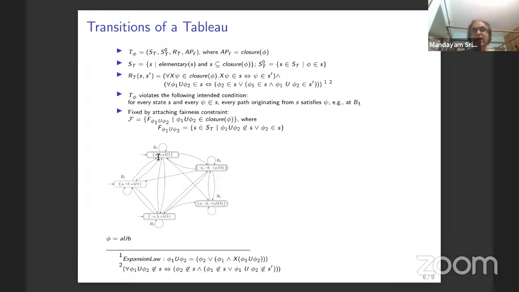Okay, and that's how this thing is defined. And that's what guarantees the correctness. That is, every path originating from the initial state satisfies the formula. So you first convince yourself by looking at this, and then for every state, and then I'm suggesting that you do it by making it for one level of nested formula to construct.